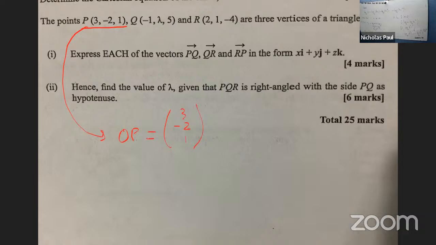I like to work it out like this first and then write it like this. I forgot the arrow; the arrow shows it's a vector. Who got this? You can do a sketch to figure out where PQ is.